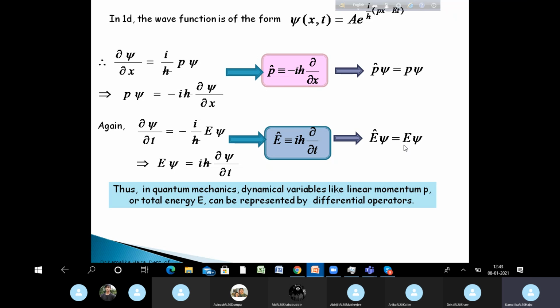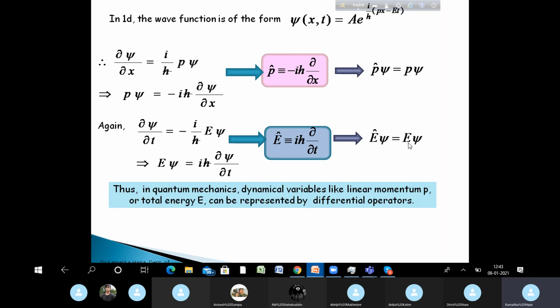Just remember that there is a subtle difference between the p operator and p just by itself. The p operator is minus iħ ∂/∂x. This p is just the value of the linear momentum in the x direction. The E operator is iħ ∂/∂t.